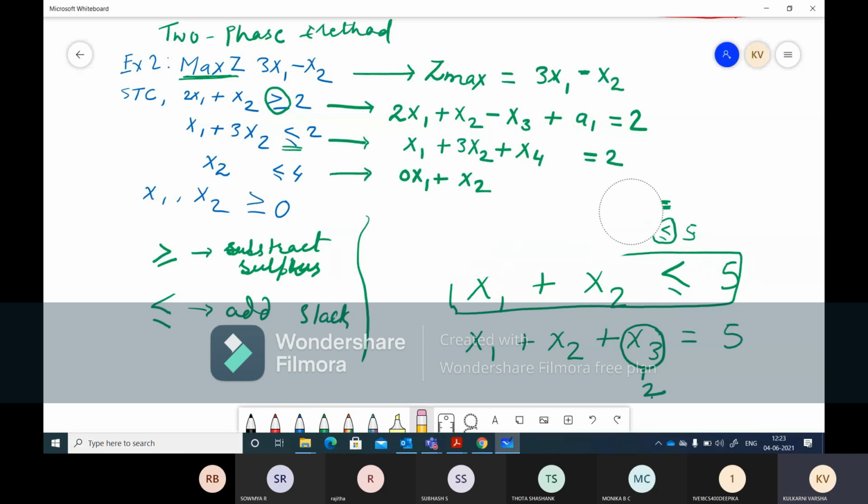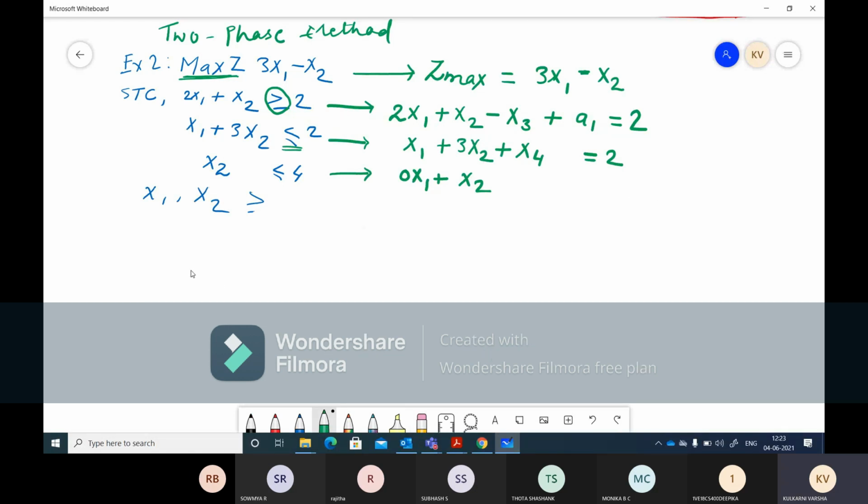As I told you, if it is greater than or equal to, you subtract a surplus variable. And if it is less than or equal to, you add a slack variable. I was just giving the explanation for that.